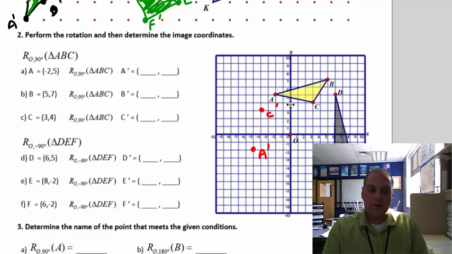Up 1, 2, 3, 4, 5, 6, 7, over 1, 2, 3, 4, 5. Up 7, 5 to the right. So we're going to go left 7, 1, 2, 3, 4, 5, 6, 7, and we're going to go up 5. 1, 2, 3, 4, 5. And there it is. B prime.